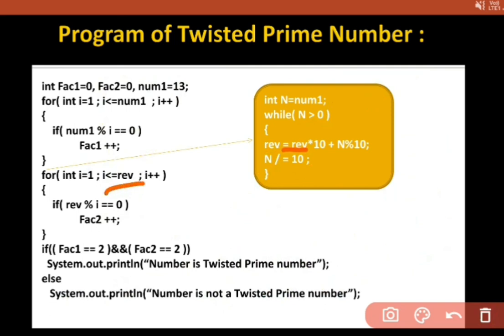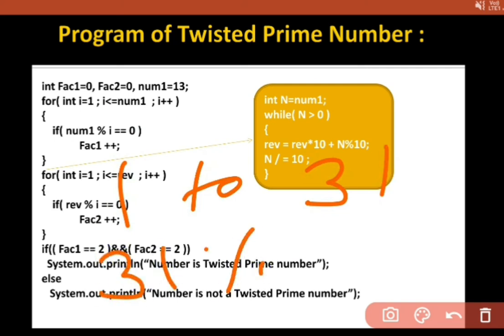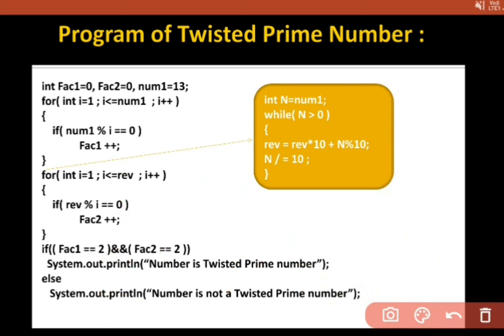And now I am finding the factors of the reverse and counting them. Means from 1 to 31, one by one I am going to divide my 31, first with 1, then 2, then 3, then 4, up to 31, and check how many factors 31 has. If both have 2 factors, then it is said to be a twisted prime, else it is not.